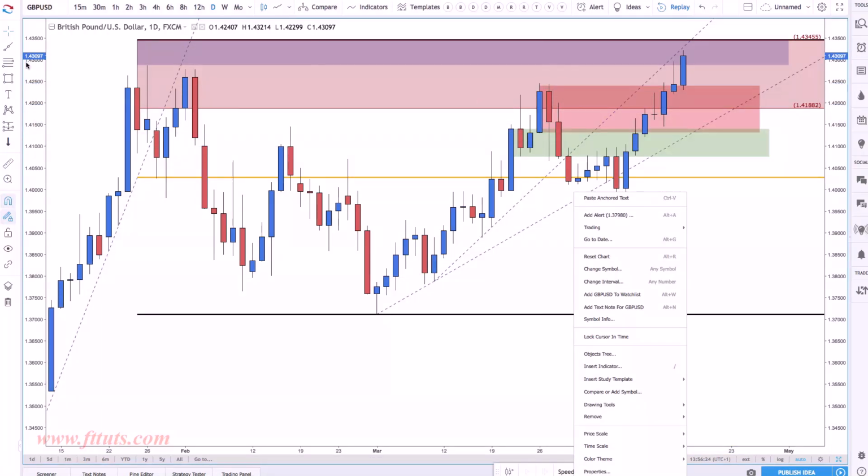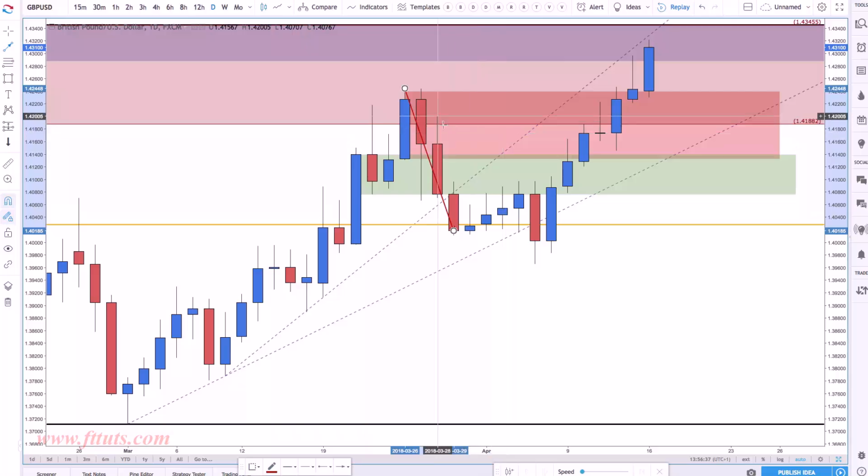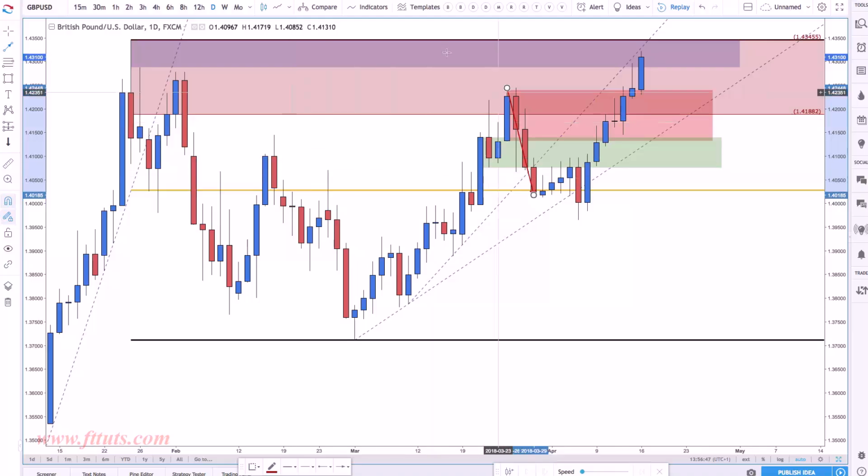And what we saw was prices took out this area of demand. So once it takes out an area of demand, this should become a strong area of supply, right? So we've definitely got a strong area of supply here, or potentially strong area of supply, and we did get a reaction, but from the overall range, this would be the higher area if prices get here.